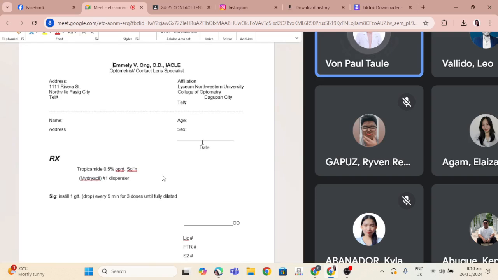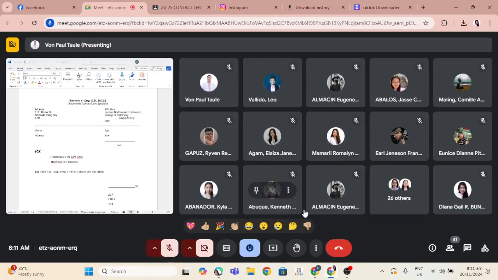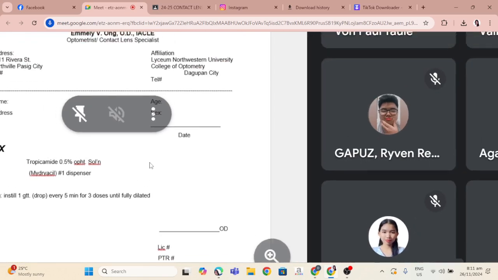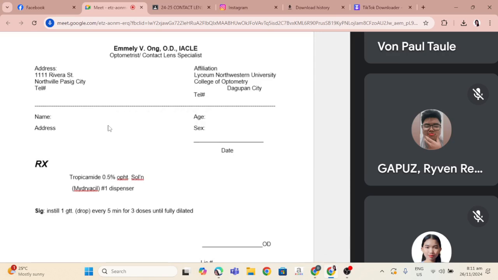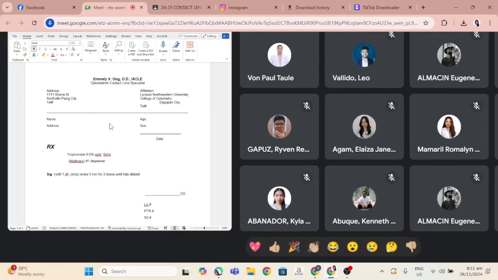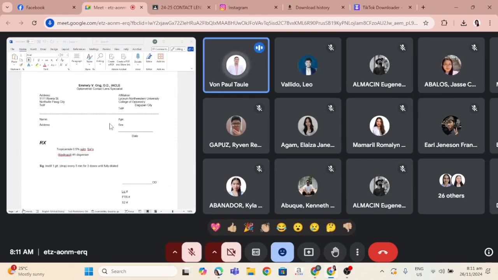Okay, anyways, so we also have the superscription, which is over here in this area.